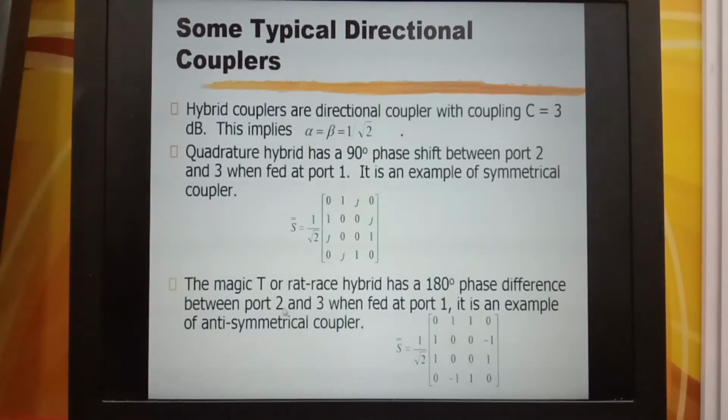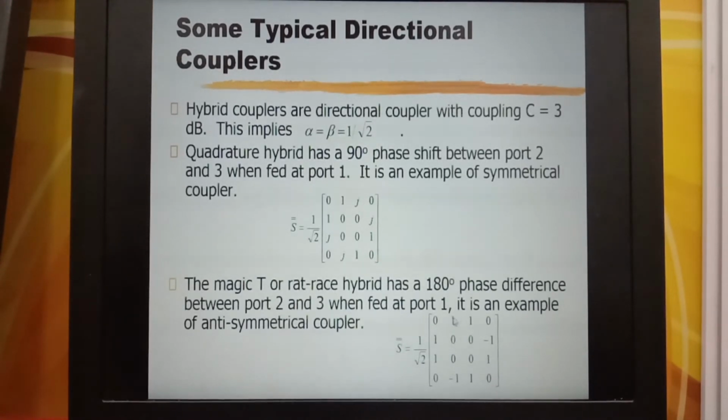In the case of 180 degree hybrid coupler, such as magic T or rat race hybrid, the output at port 2 and port 3 are the same if the signal is fed to port 1.